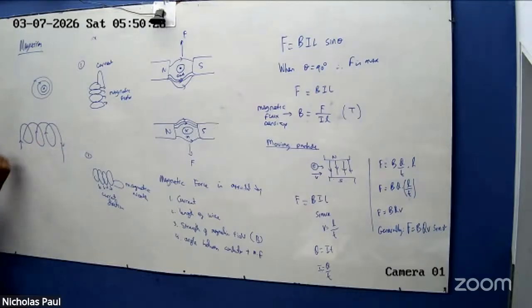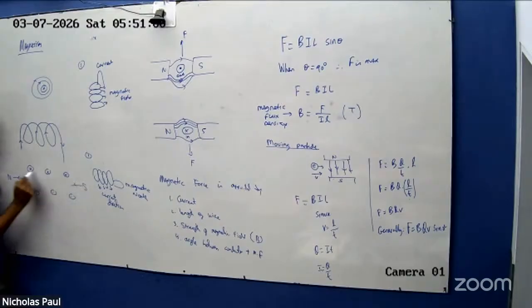So we're going to use the rule now. Your thumb points towards magnetic north. So here is north and here is south. So it leaves the north and comes into the south.